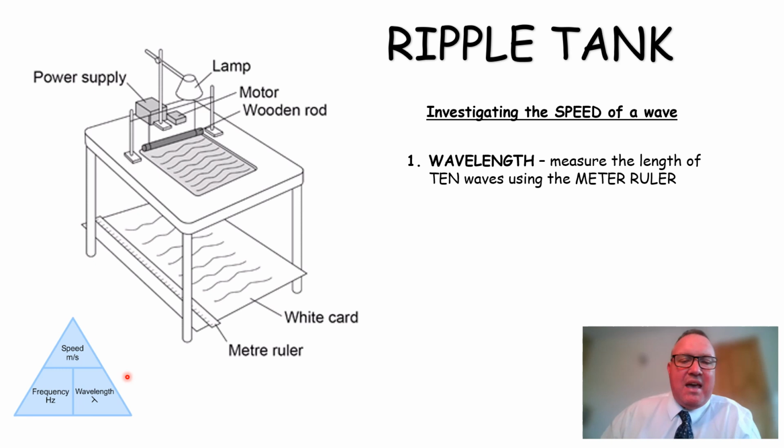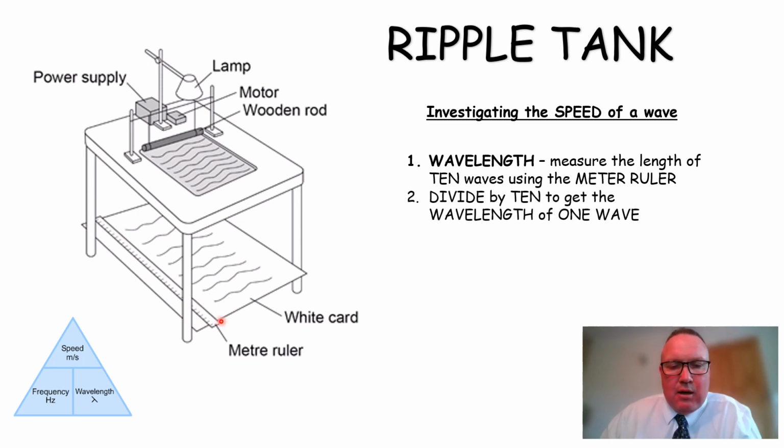To measure the wavelength of the wave, we put a meter ruler beside the piece of white cardboard where we can see the waves. We measure the length of 10 waves using the meter ruler, and then we divide by 10 to get the length of 1 wave. You're allowed to take a photograph of the white card if you wish, because it's hard to measure the length of the waves when they're moving.